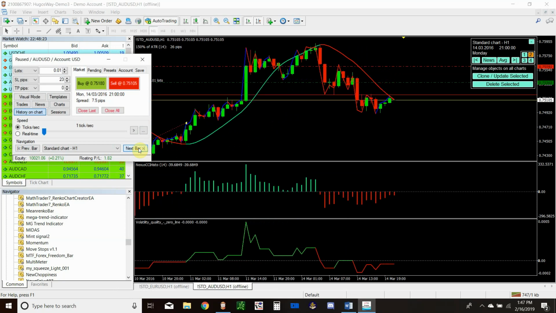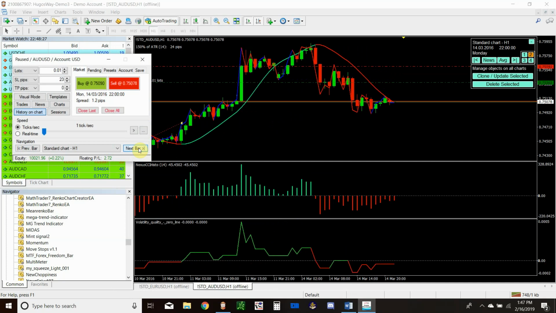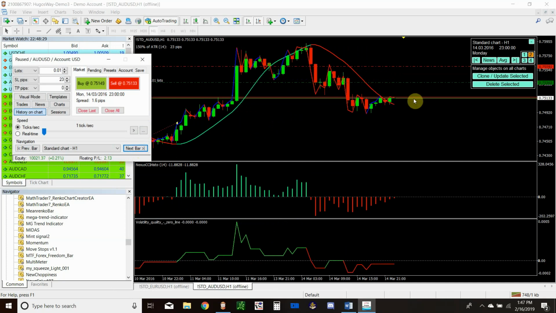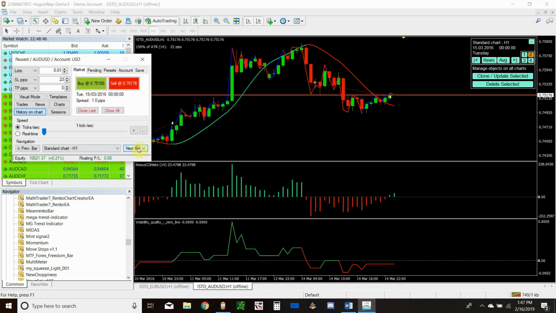Okay, not quite a cross. There we go. Now we have a cross. So we'll close out of our trade here. That wasn't a bad trade. I wish we would have got in on this candle. But again, that's just tweaking our indicators to see what's going to happen.